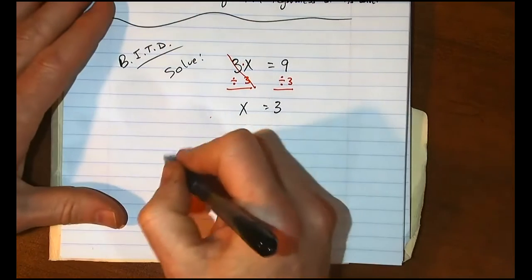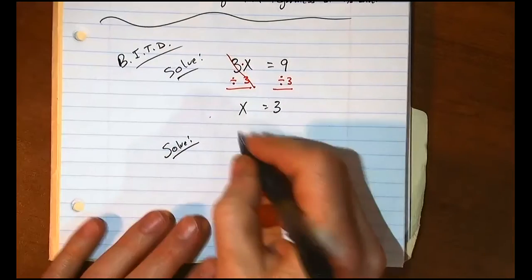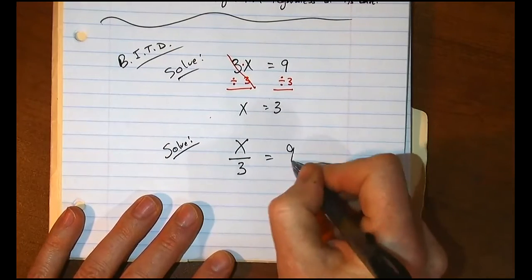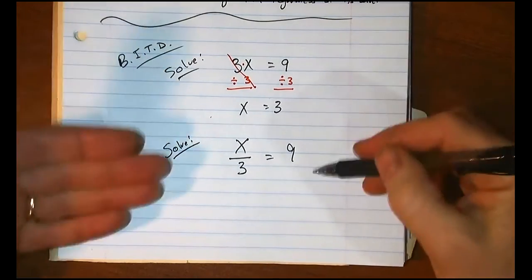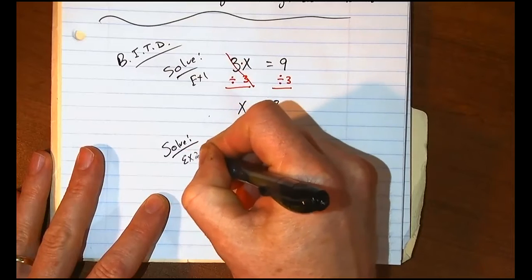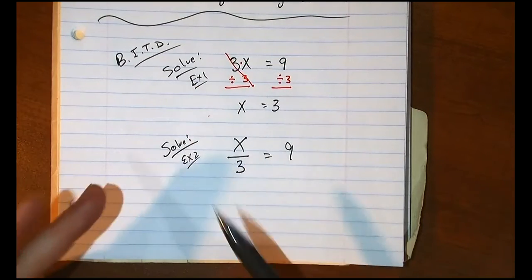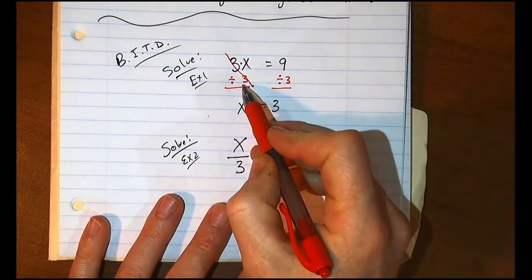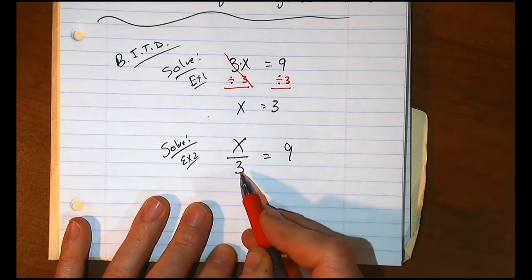But by the same token, we also looked at problems where I said, let's suppose I have x divided by 3 equal to 9, and I want to solve that equation. This is a new problem. These are not the same problem, right? This is problem number 1. This is problem number 2. Two different problems, but they both have the same directions: solve. Here I was multiplying, and I chose to divide because dividing cancels multiplying. But now on this problem, I'm dividing.